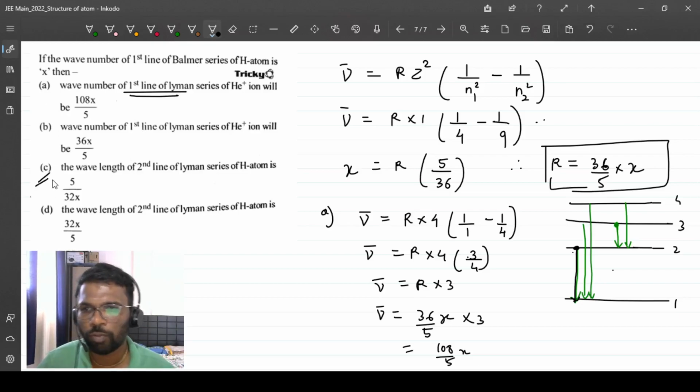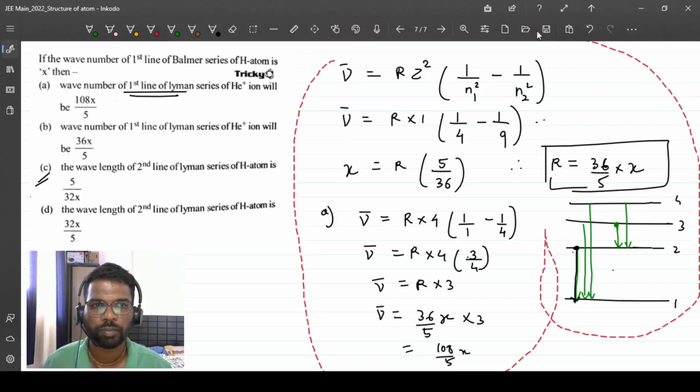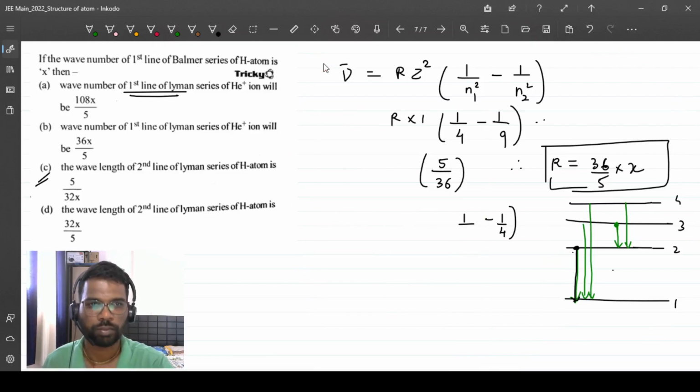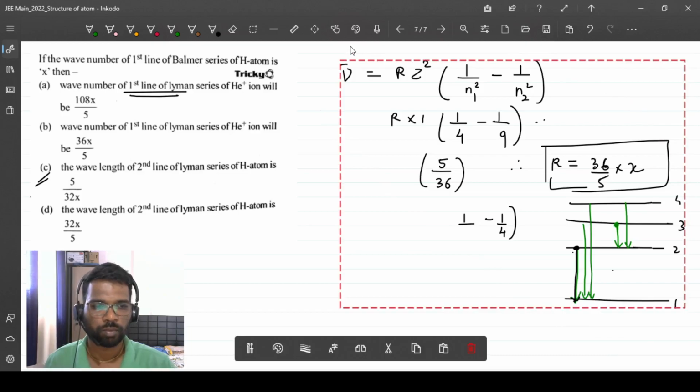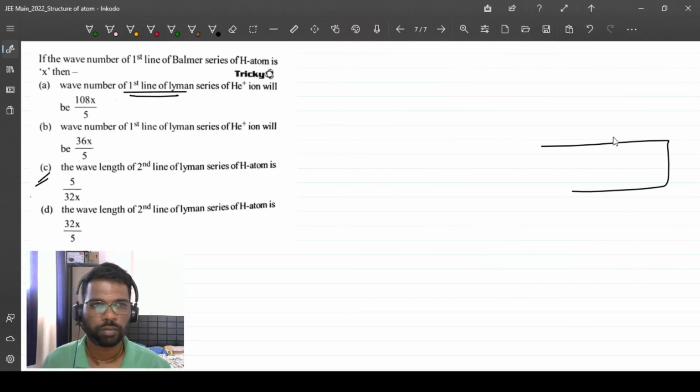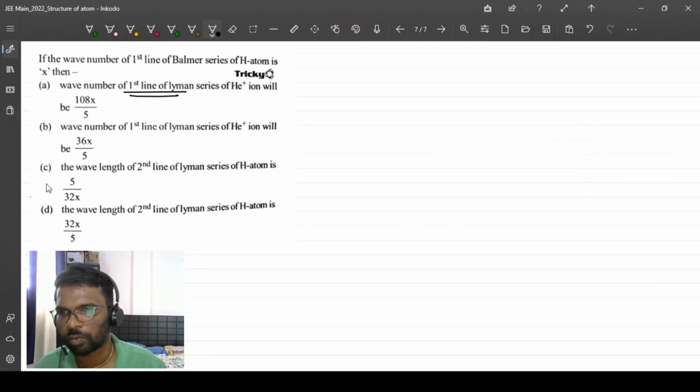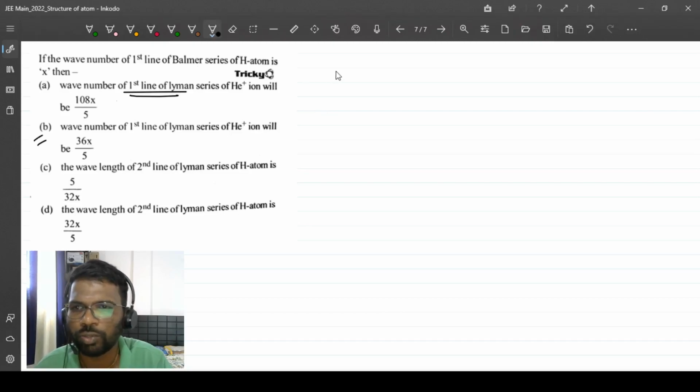Let's check for the wavelength. Okay, let's solve option B also, not an issue.